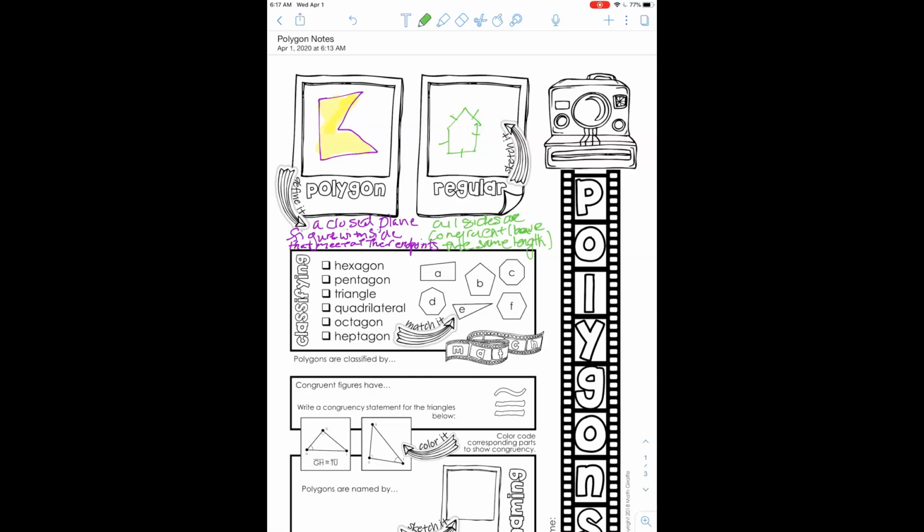So we have a hexagon, has 6 sides, so that is F. We have a pentagon, has 5 sides, so that is B. Triangle has 3 sides, so that's E. Quadrilateral has 4 sides, so that's A. An octagon has 8 sides, so that's C. And a heptagon is D.